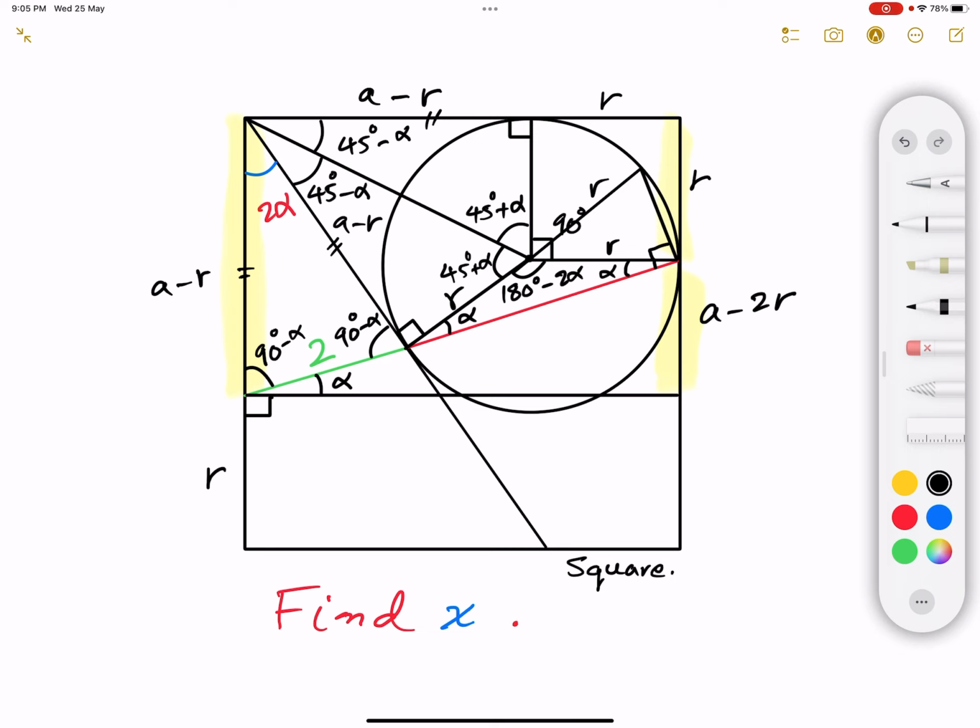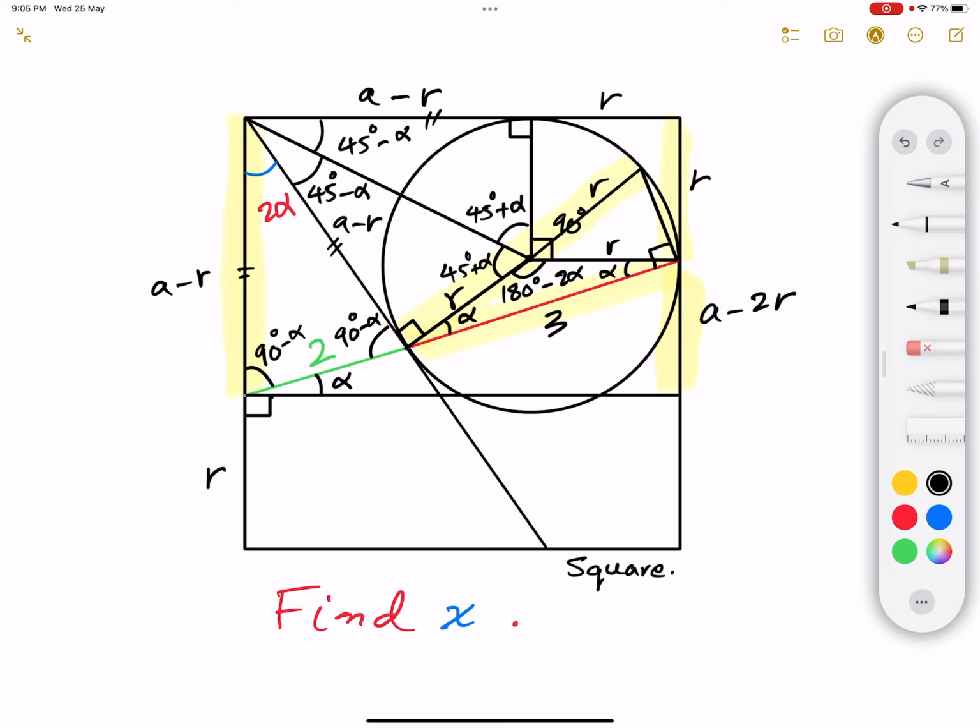So the whole diameter is going to be twice R. Now I'm going to project this length here, which is twice R, over this red line segment through the cosine of the angle alpha. So if I multiply 2R by cosine alpha, that's going to give me the length of the red line segment, which is basically equal to 3.